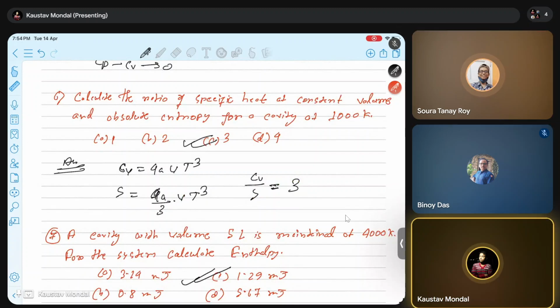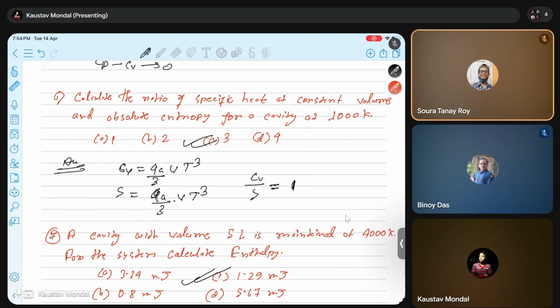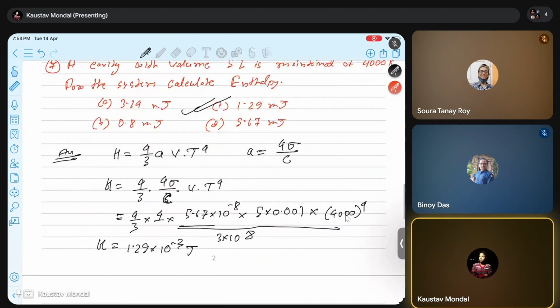Cv, there is 4 by 3 or just 4? 4 A into V into T to the power cube. 4 by 3 was there, right? I forgot. Yes, 4 by 3 was there. So that means it would be 1 maybe. Yeah, it would be 1.